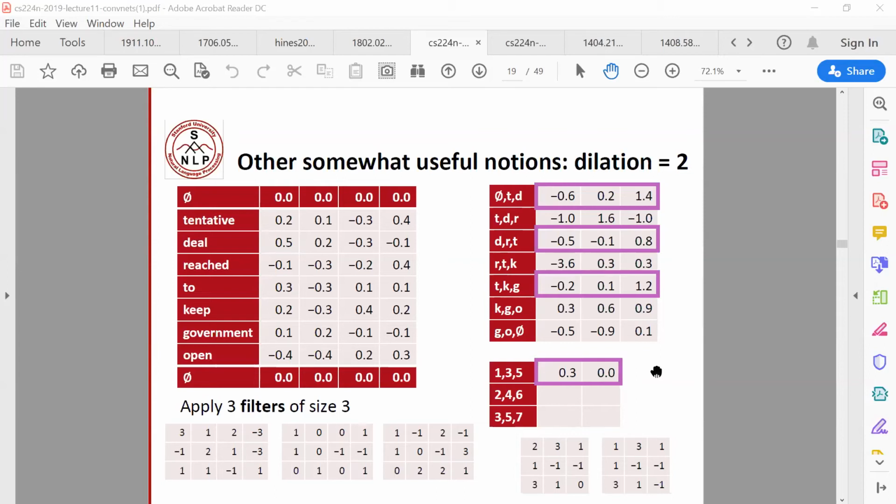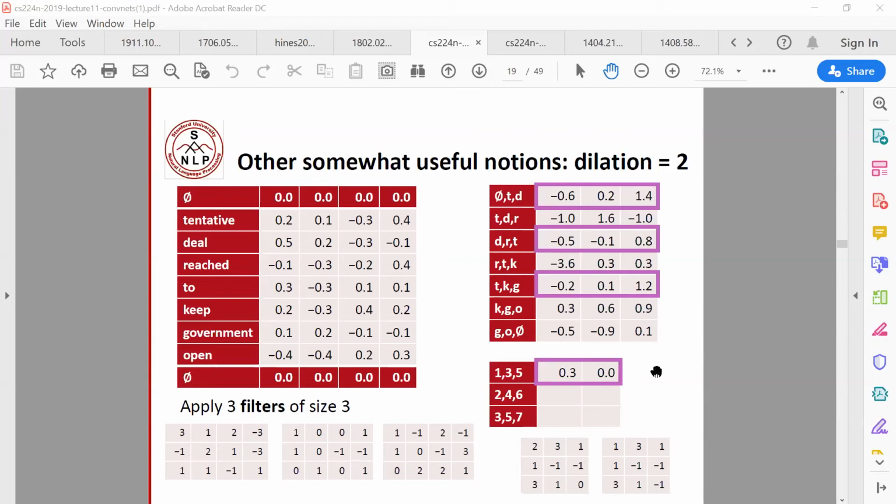So the dilated convolution saves computation, but it's also looking at correlations between every second word, at patterns where maybe a modifier modifies a word that's not right next to it but is 2 words away.